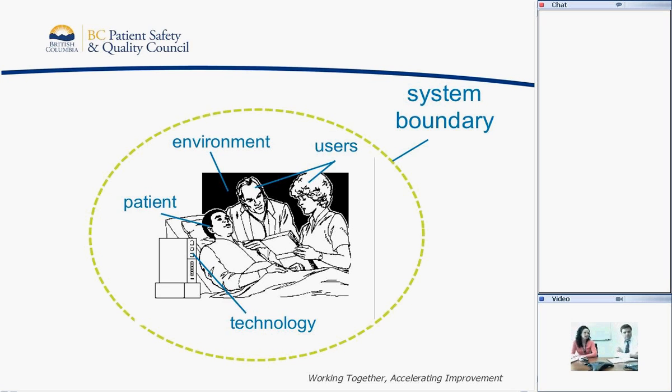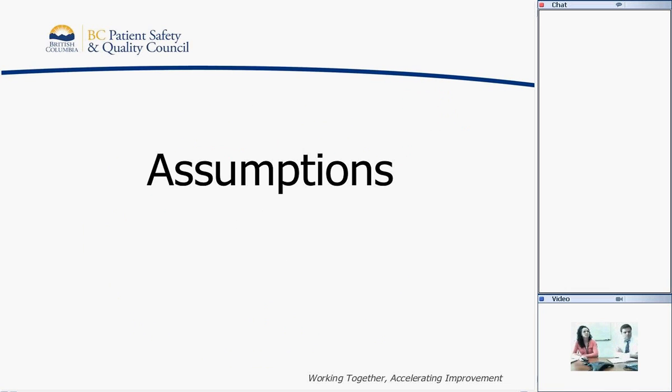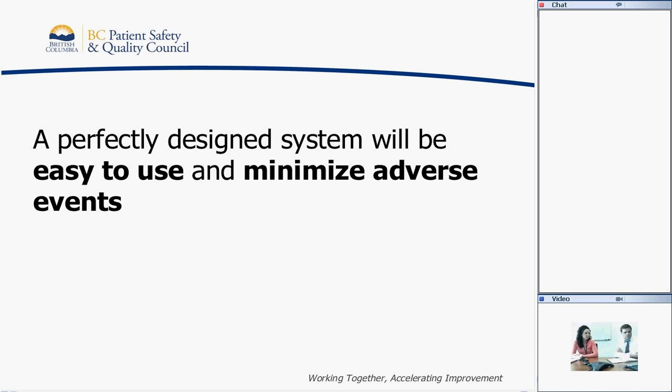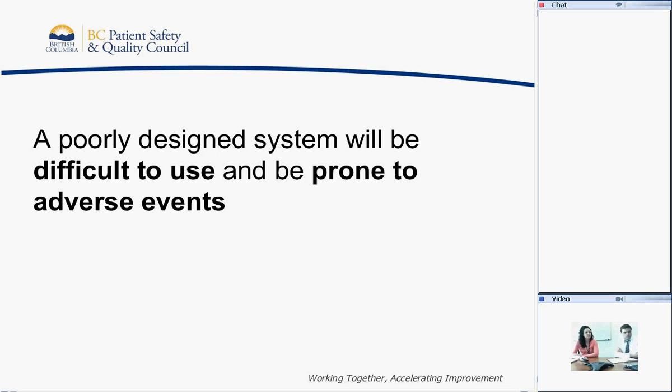One of the examples that I can explain with this would be medical devices, where independently a medical device is safe in one institution, but with the constraints of other technology in another place, it could lead to some safety concerns. So our assumptions as human factors specialists are that a perfectly designed system will be easy to use and minimize adverse events, whereas a poorly designed system will be difficult to use and be prone to adverse events.